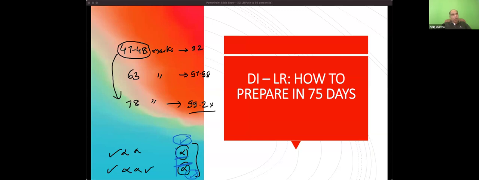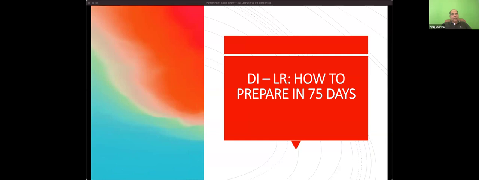So when you talk about DILR in the last 75 days, this preparation cannot be agnostic to what is happening in your mocks. Whatever your mock scores are, as most of you would know, mock scores start hitting a plateau after a period of growth.